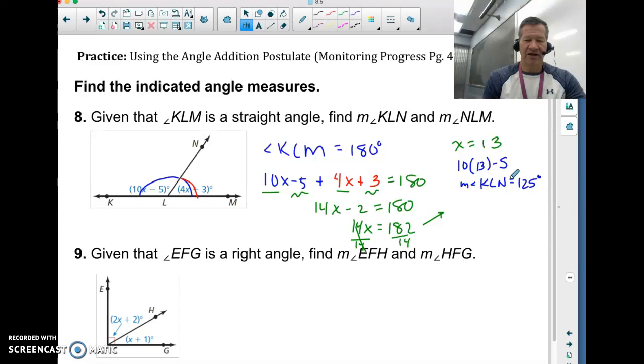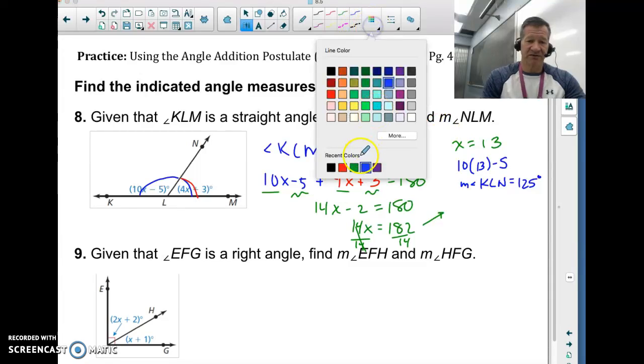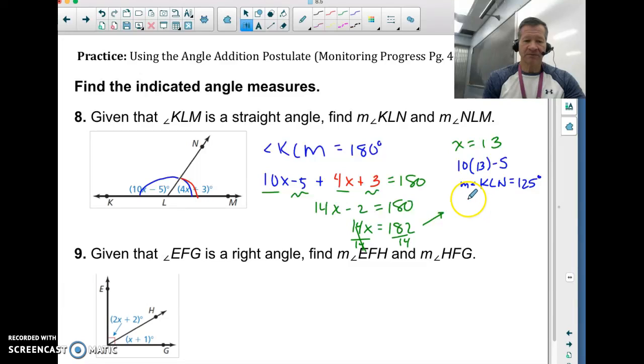Now we can find the remaining angle, NLM, by subtracting this from 180, or I can just once again substitute. If x is 13, NLM is 4 times 13, which is 52. 52 plus 3 would be 55. So the measure of angle NLM would be 55 degrees.